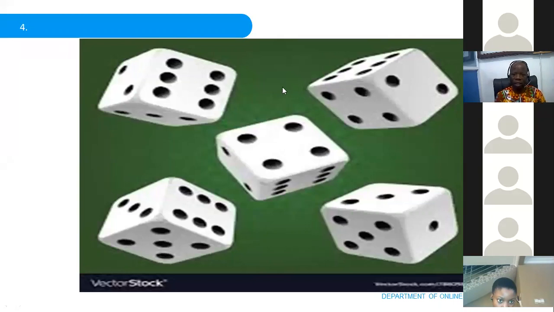What it means is that each of the faces there, they all have equal chances of turning up or showing. You see, we have the faces numbered 1 to 6. This is 1. Can you see the 1? The dot. If you see 1 dot, it means it is 1. If you see 2 dots, it means it is 2. Can you see the 3 here? Amujuno, can you see the 3?